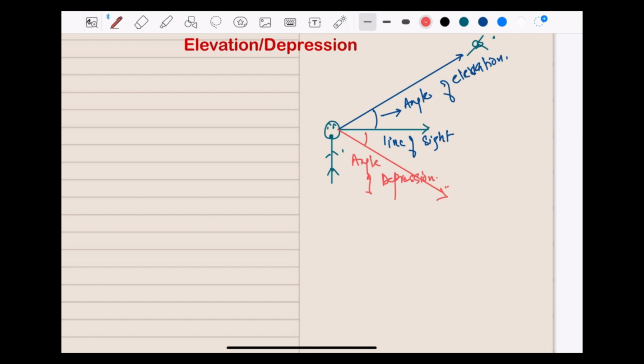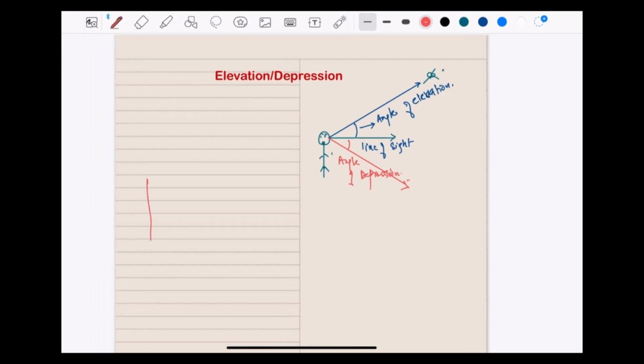If they are having eye contact, the person standing at the bottom is elevating his line of sight to view the person on the tree. But the other person is actually depressing. So that is the angle of depression.